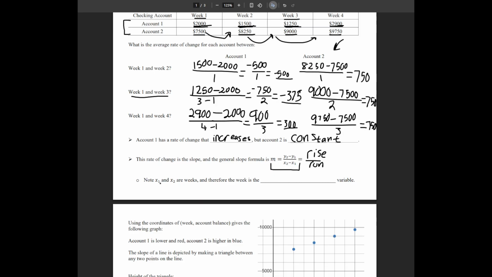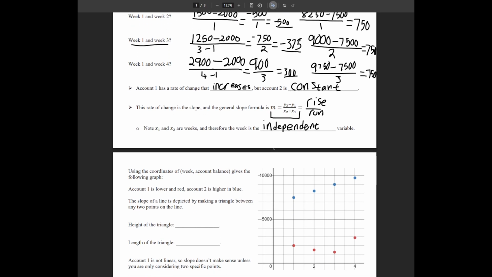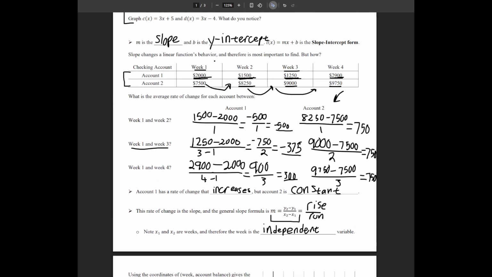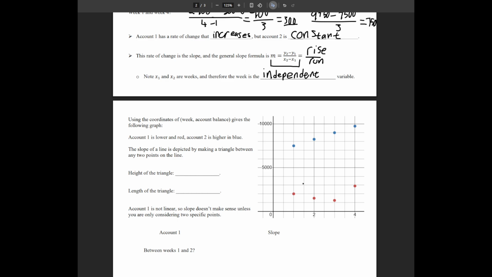All right. So x1 and x2 are weeks, and therefore they are the independent variable. What we have right here is each account plotted on a graph in Desmos.